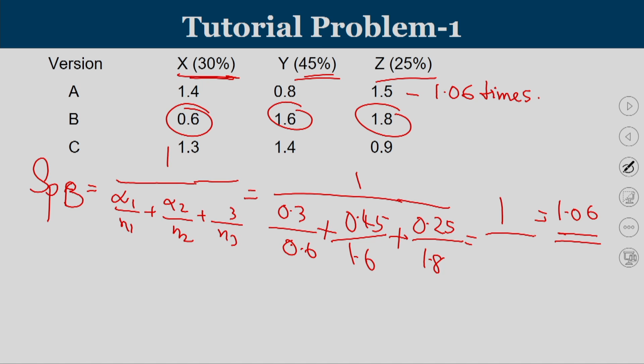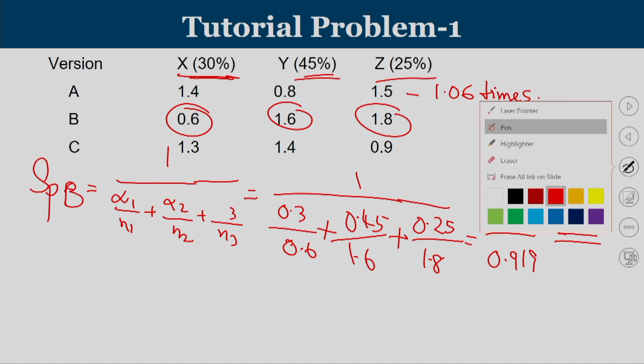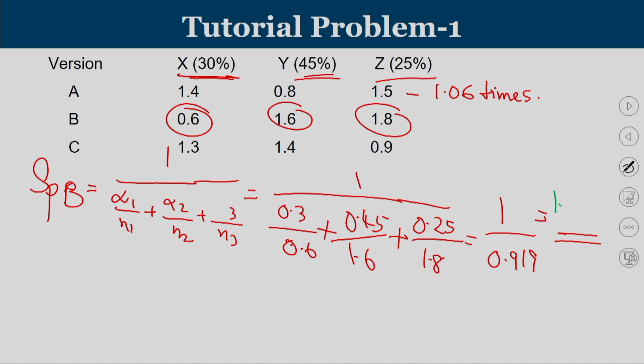Upon solving, we get the value 0.919, and that will be equal to 1.087 times is the speed up that we are going to achieve if we operate on version B.